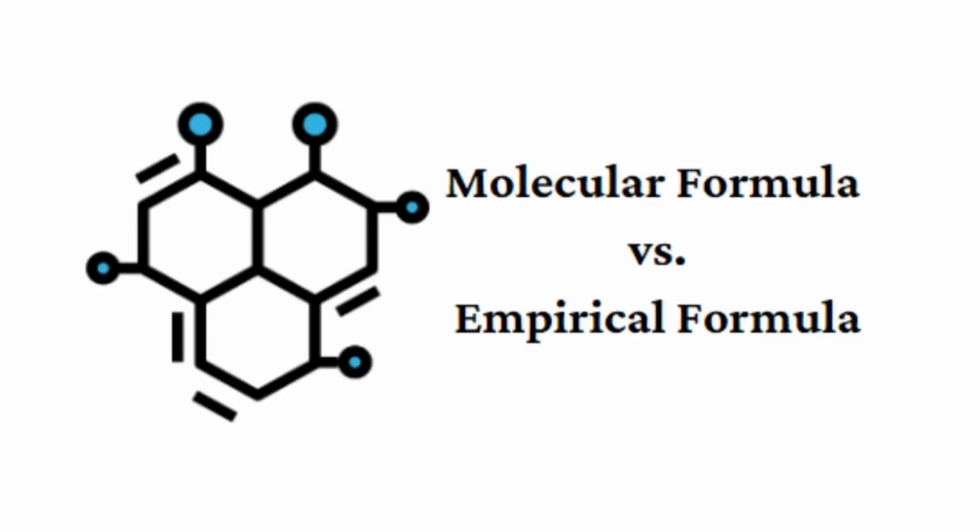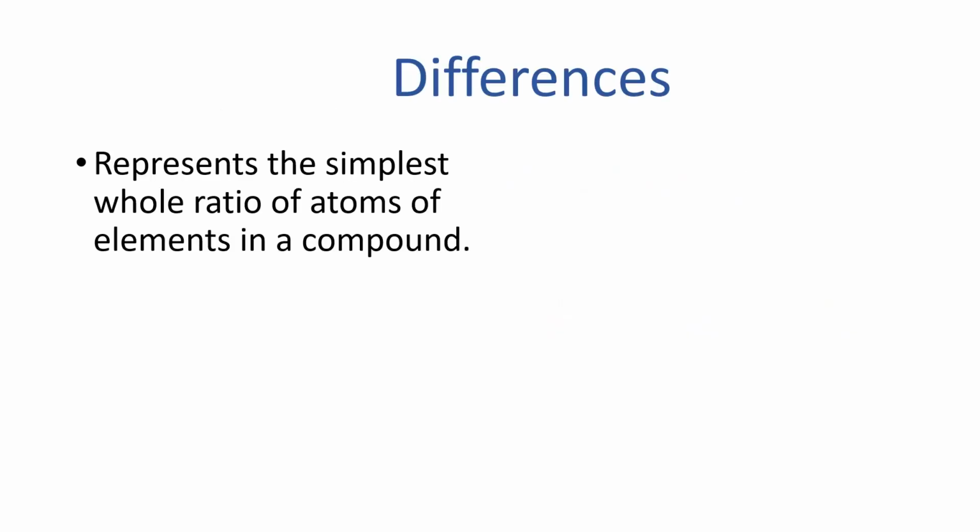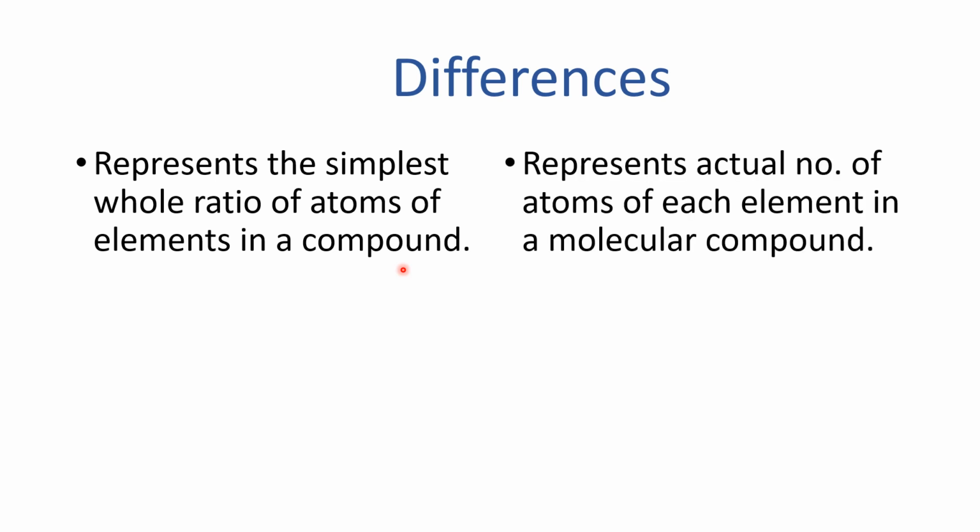Let's see the difference between molecular formula versus empirical formula. First, empirical formula represents the simplest whole ratio of atoms of elements in a compound, किसी भी compound में elements की simplest ratio को empirical formula represent करता है, while molecular formula represents the actual number of atoms of each element in a molecular compound. किसी भी compound में different elements के actual atoms कितने हैं वो हमें molecular formula बताता है.